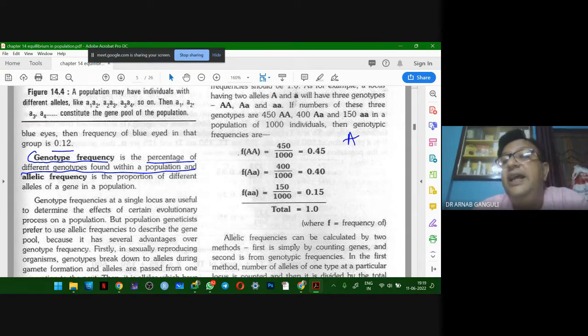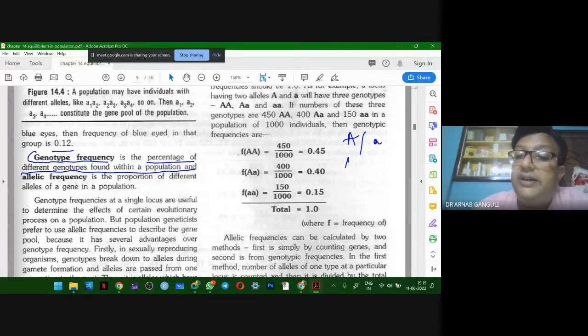One is capital A and the other is small a. Both of them are the only two alleles present. So in a population, you have individuals who are homozygous for capital A, capital A. They can be heterozygous, capital A, small a, one from father, one from mother. They can be small a, small a.